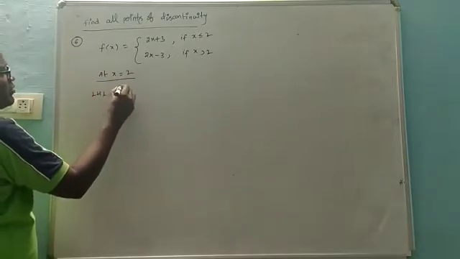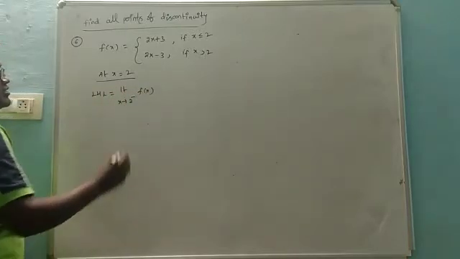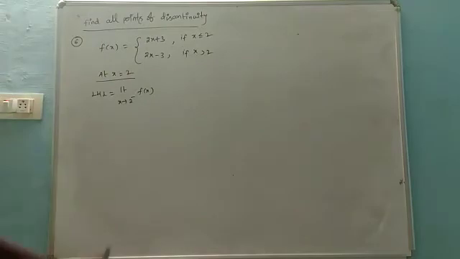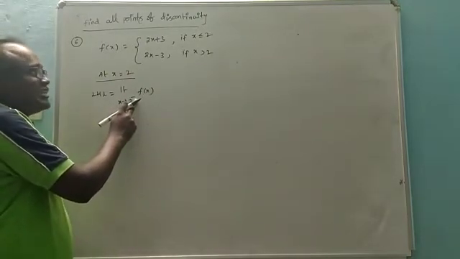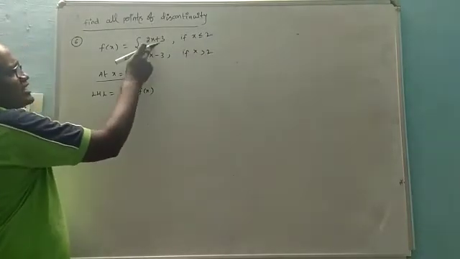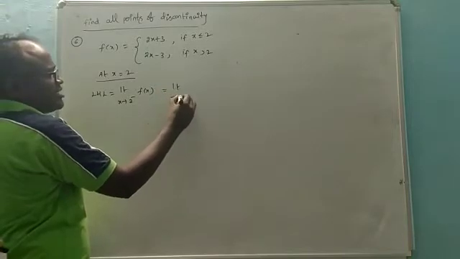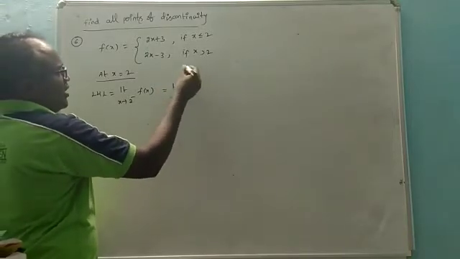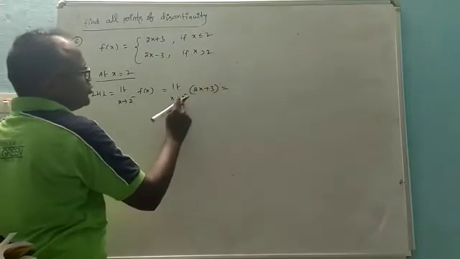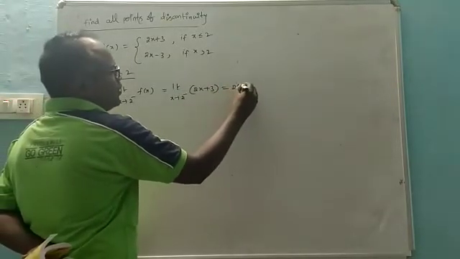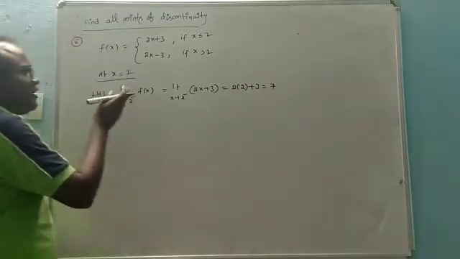Left hand limit is equal to limit x tends to 2 minus f of x. 2 minus means less than 2, and less than 2 means the function is 2x plus 3. Now substitute x as 2: 2 into 2 plus 3, that is 4 plus 3, 7. That is the left hand limit.